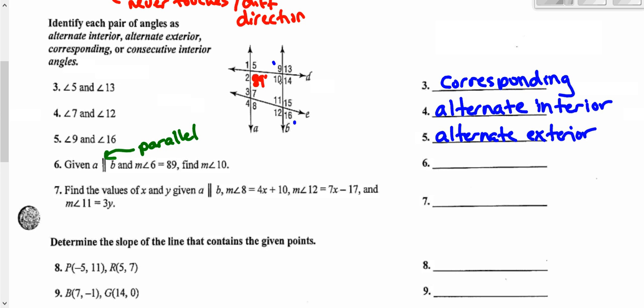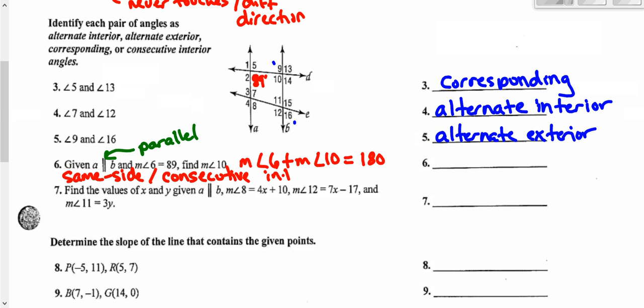Now notice that angle 10 and angle 6 are going to be same side interior, or we call them consecutive interior. So I'll write that down here just to remind us. So same side or consecutive interior angles.